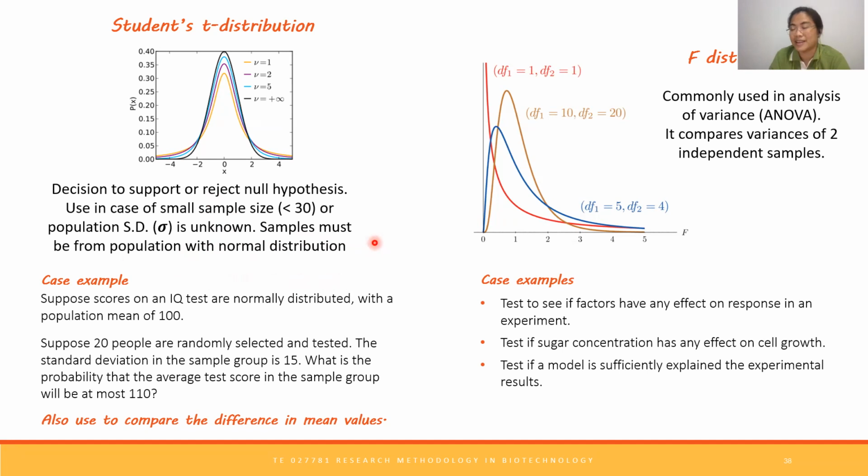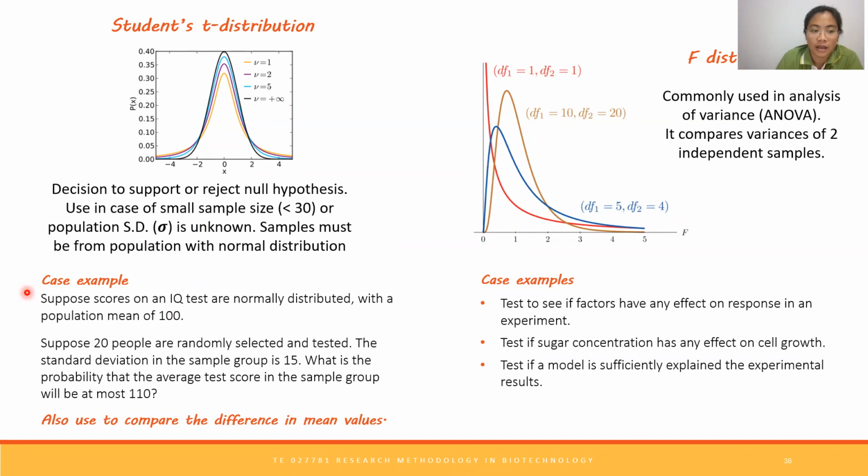So this is a two-step assumption. Most of the time we assume that the population has a normal distribution, and for the T distribution, the population standard deviation is unknown. That's when you can use the T distribution.